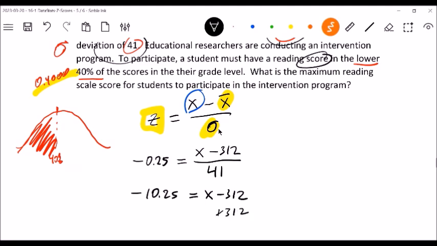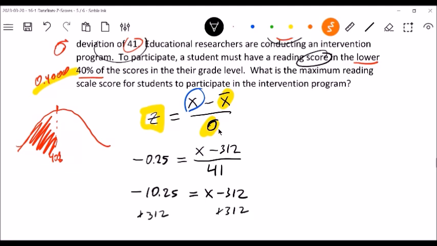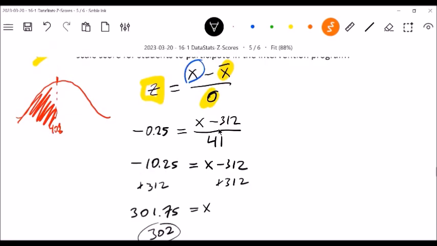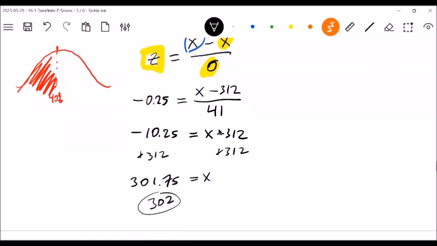We'll add 312, and x is equal to 301.75. So we can round to 302. That's what I'd suggest here. So that means that students need a score of 302.